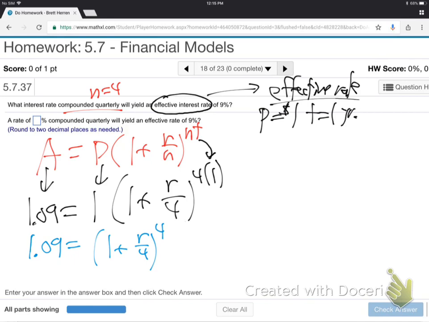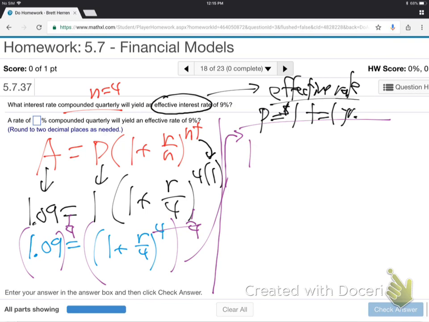Number. So I just do 1 over the number, don't I? 1/4. 1/4 cancels it out. And so then what do we get? We get 1.09 to the 1/4 is 1 plus R over 4.